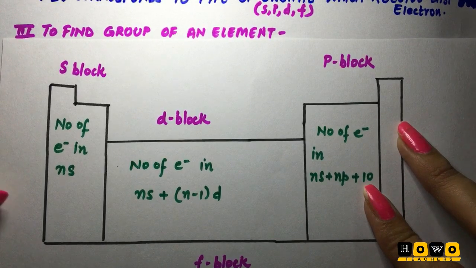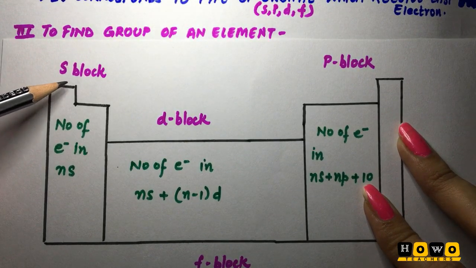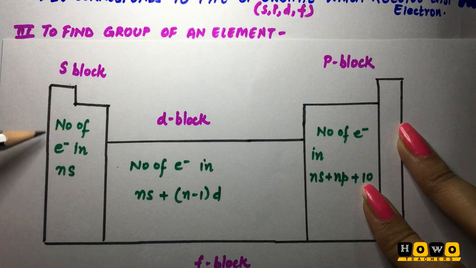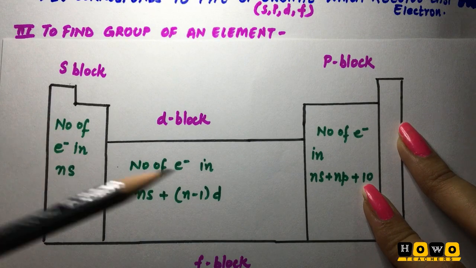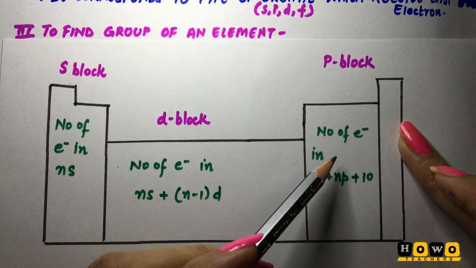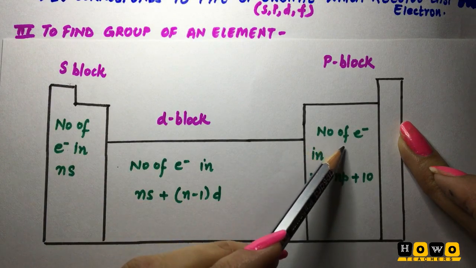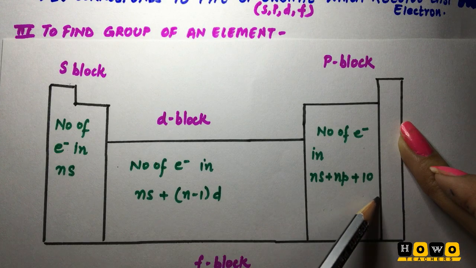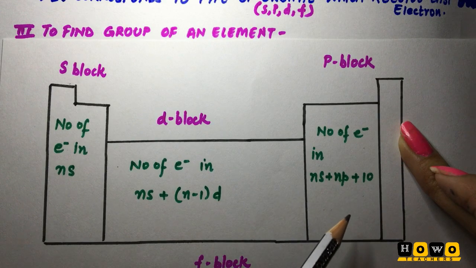Then the next step: if it belongs to the s block, the group number will be the number of electrons in ns. If it belongs to the p block, the group number will be the number of electrons in ns plus np plus 10. This is the formula.